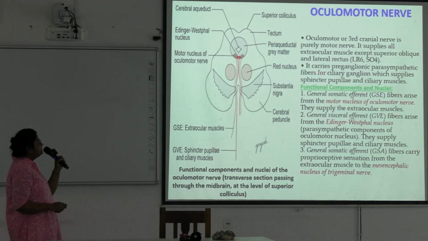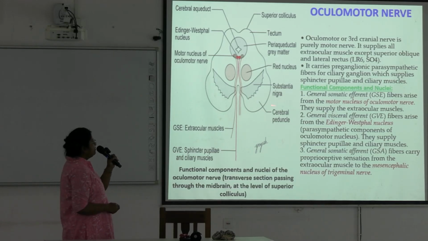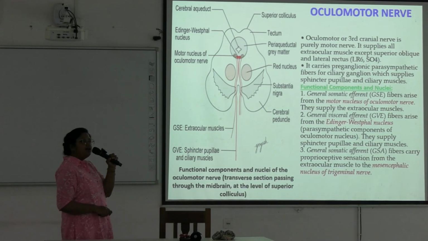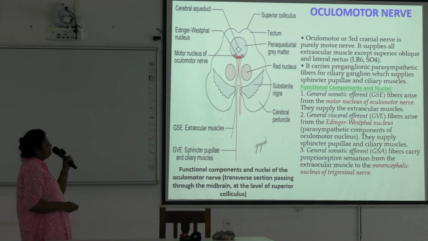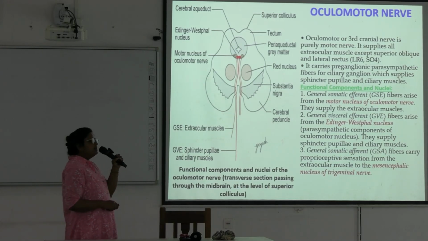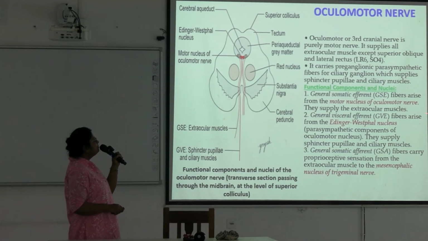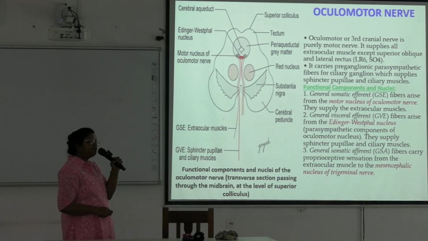What will be the functional components and the nuclei? One is general somatic efferent, another is general visceral efferent, and the other is general somatic afferent. General somatic efferent fibers are the motor fibers; they arise from the motor nucleus of the oculomotor nerve and supply the extraocular muscles.